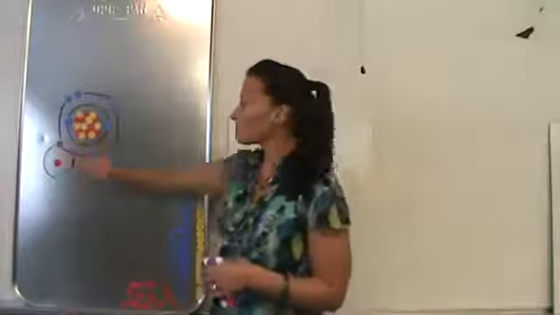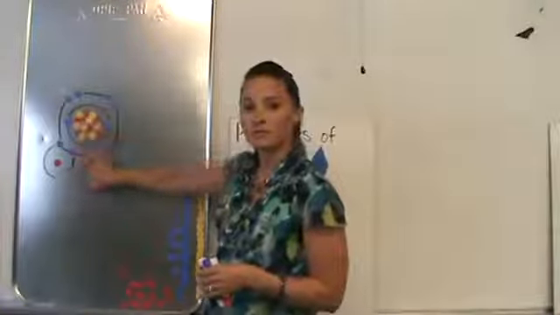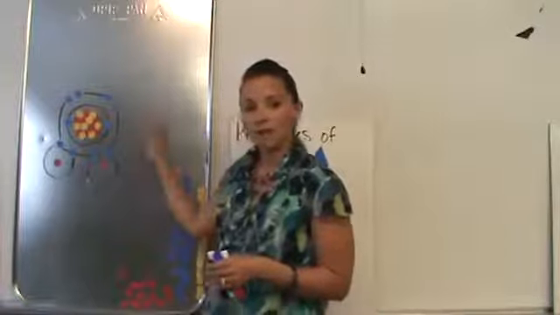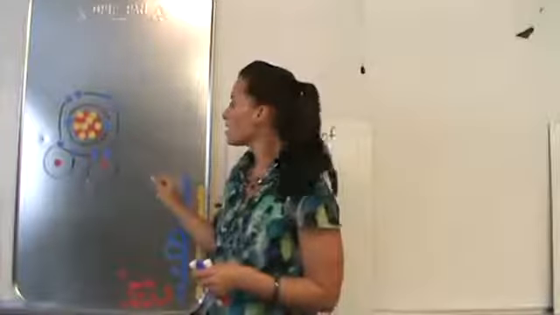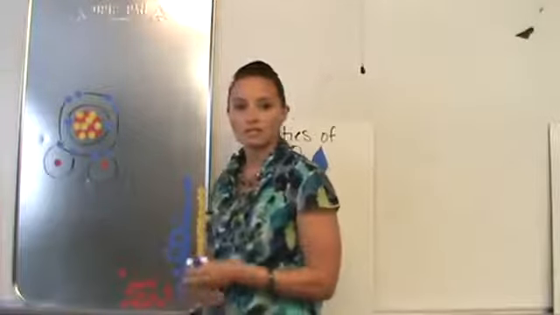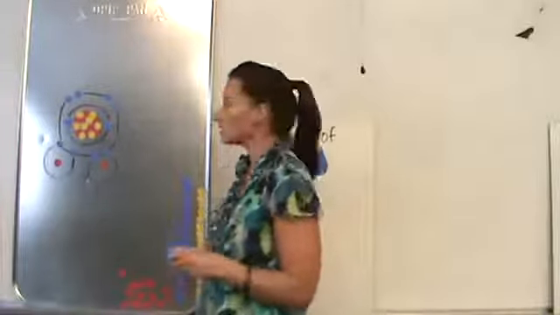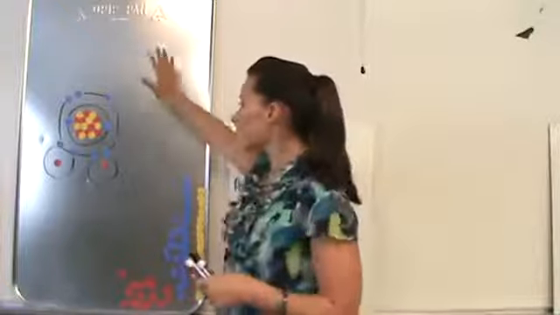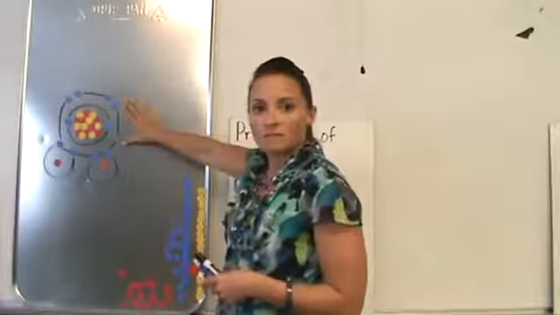Okay? We still have the same number of protons and electrons in the entire molecule. Okay? So it's a neutral molecule. They're just sharing those electrons to make sure they have what they need. Okay? So this is our water molecule.